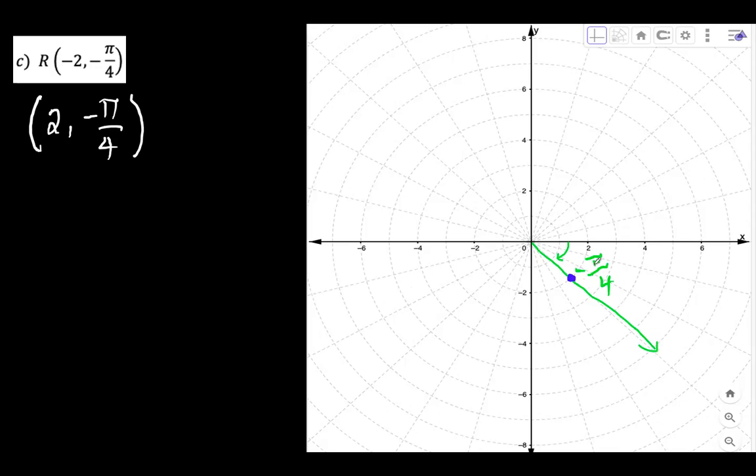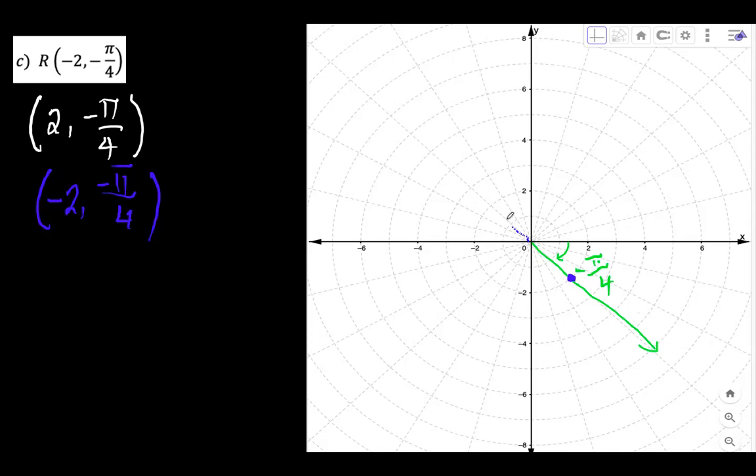Or this ray. And since originally it's negative, from the given rule, we need to find its opposite terminal side, okay? Or the ray which is opposite to this terminal side of the angle -pi/4. So there we go. So that ray can be found somewhere 1, 2, 3, 1, 2, 3.